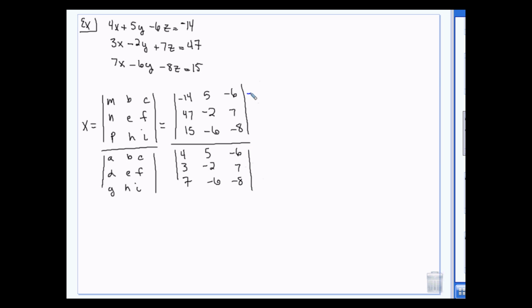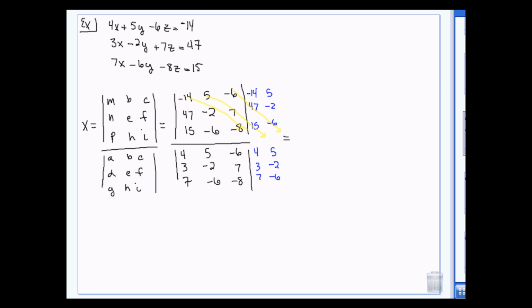Okay, so I rewrite those first 2 columns. I've got my yellow going down. So I have 14 times negative 2 times negative 8. So do you guys mind if I just multiply that real quick and write it down?